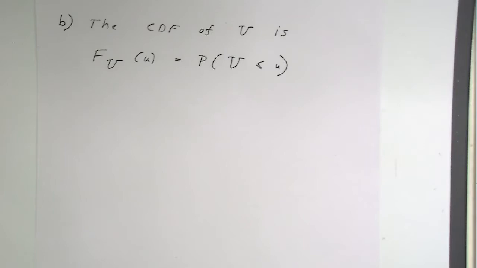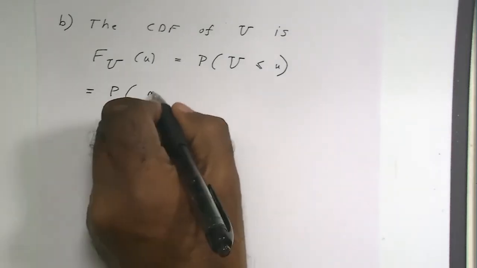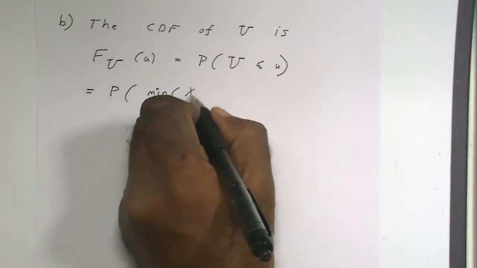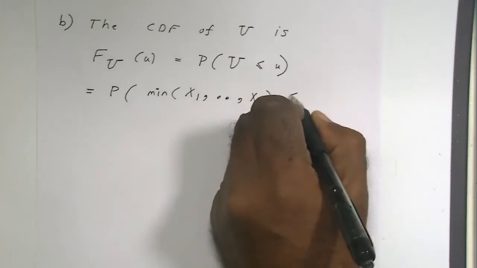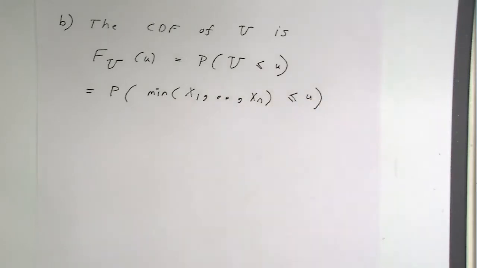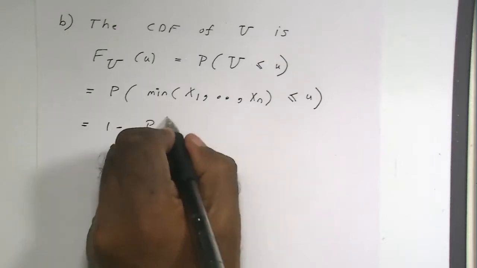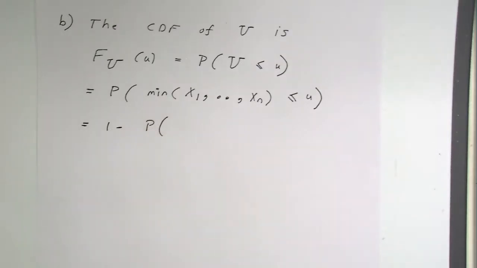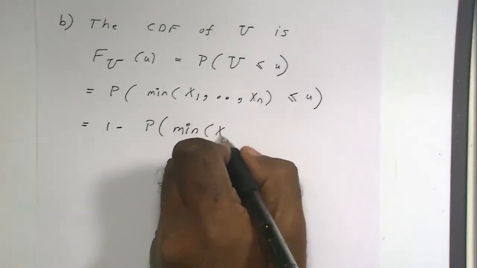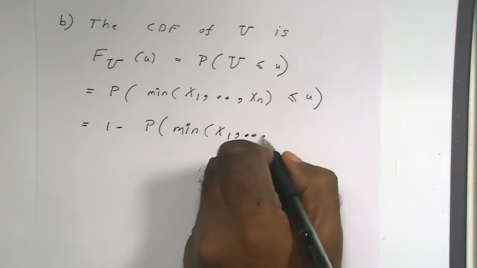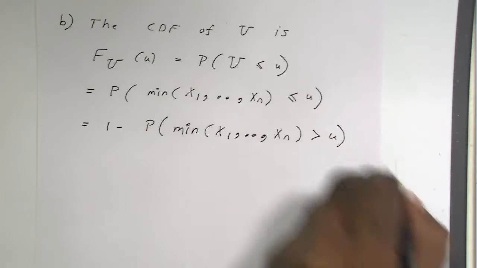Okay. Now this you can write as the probability that the minimum of x1 to xn is less than or equal to U. Okay. And this you can write as 1 minus the probability. You see why I'm doing this in a minute, right? Okay.